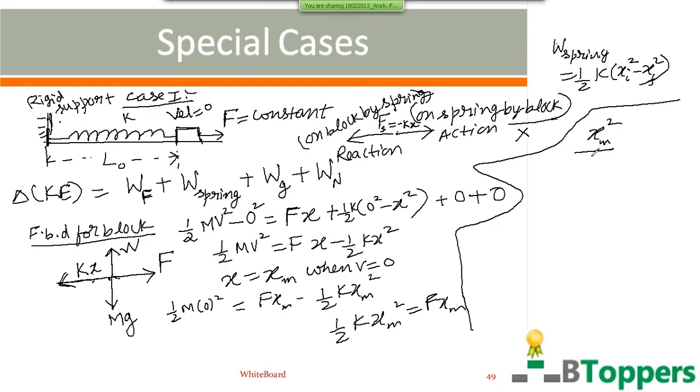So xm square by xm equal to 2F by k. So the maximum elongation of the spring from its natural length will be equal to 2F by k.